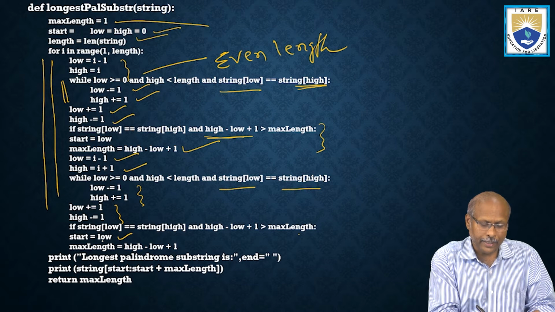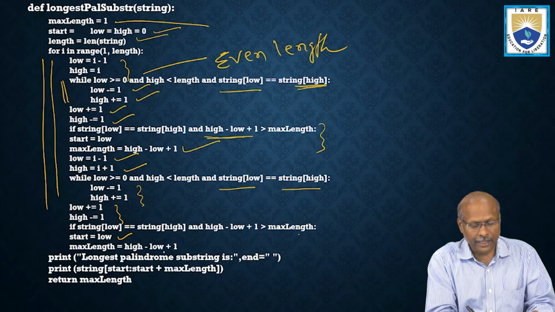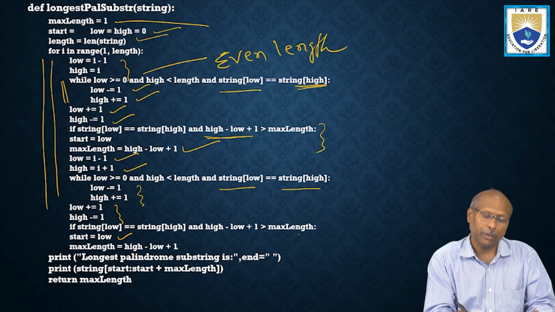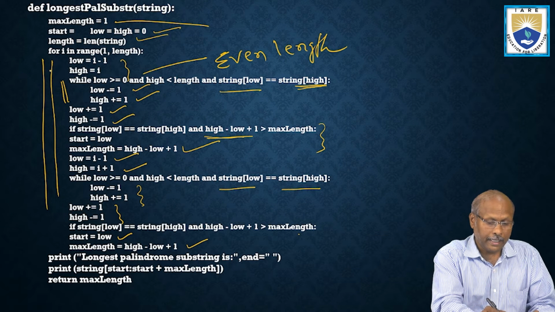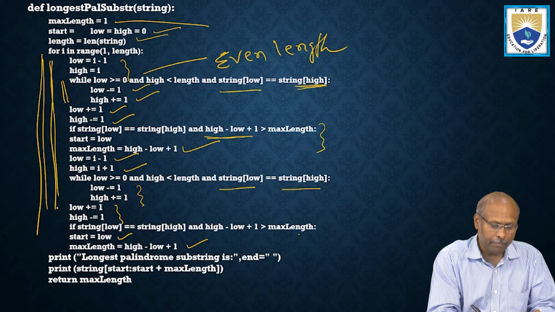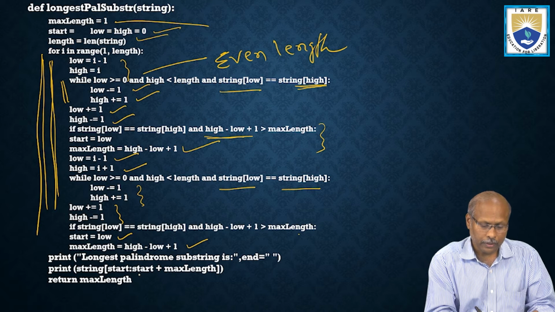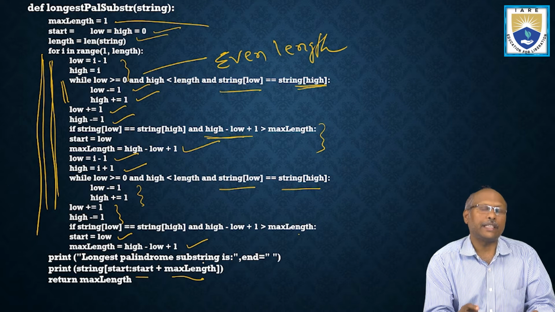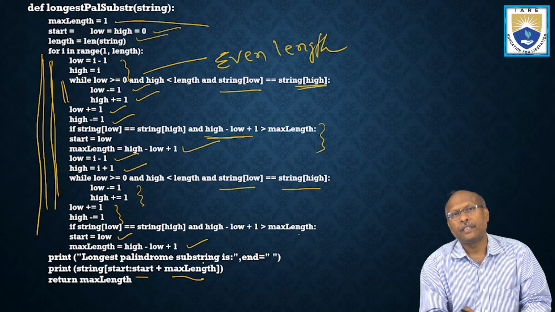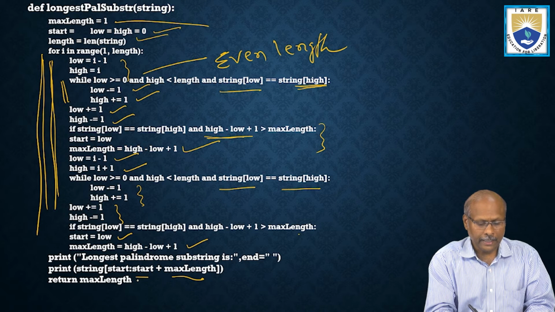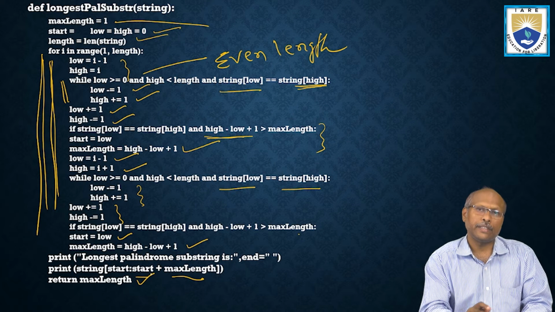That's why I have remembered here start equal to, and maximum length is high minus low plus 1. So when the entire loop is over, by that time I will know where the starting position of my maximum palindromic string is. So starting plus maximum length gives me the palindrome, and print the length of the string. So this is the way.